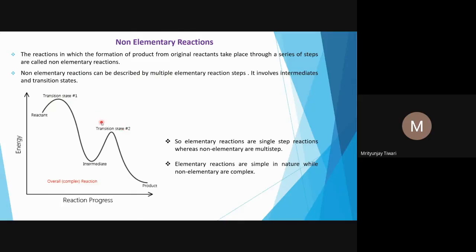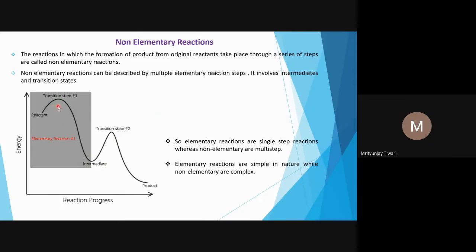So there are two transition states in this reaction, and two transition states mean the reaction is happening in two steps. After the first step, we see the formation of an intermediate, and now this intermediate will collide or react to form product, and it will pass through transition state 2. This will happen only if this energy is surmountable.